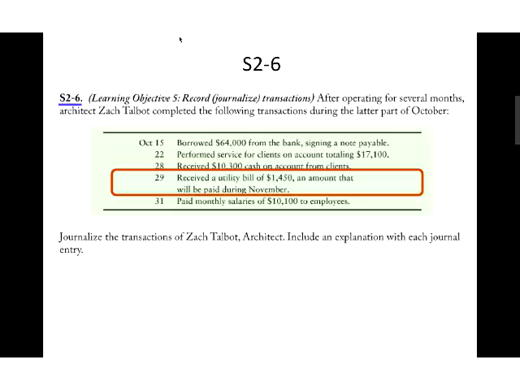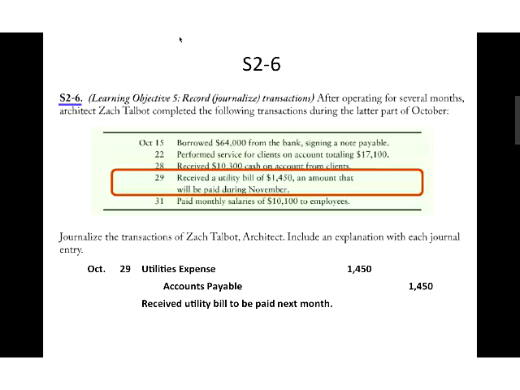It says we're not paying for this right now, we're going to pay for it later. So this is a debt that we owe, so that'll be accounts payable. So we're going to debit utilities expense, credit accounts payable. This is an expense that we owe, but we're not paying it right now. So we need to recognize that we have a liability.